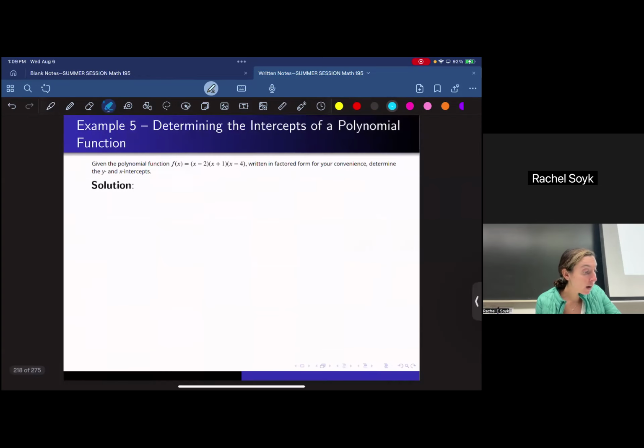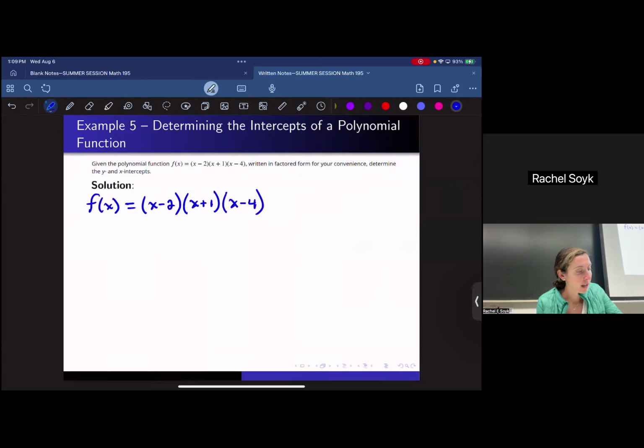So with example 5, we're given this polynomial. I'll write it a little larger so you can see it more clearly: x minus 2 in parentheses, x plus 1 in parentheses, x minus 4. We want to determine our x and y intercepts.